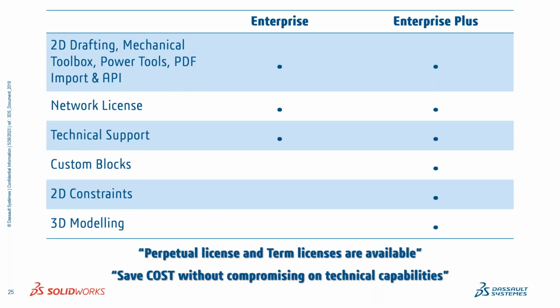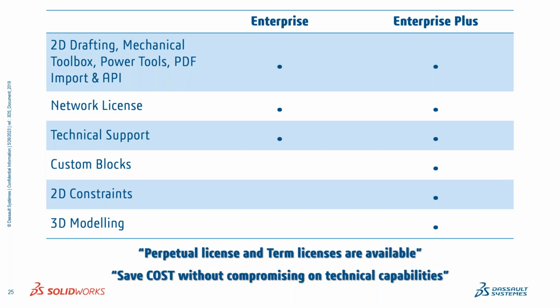Finally, when it comes to packaging, it has been packaged into two variations, that is Enterprise and Enterprise Plus. The main change in Enterprise Plus is custom blocks, the dynamic blocks or custom blocks I showed earlier, like creation of variations to our DWG drawings.